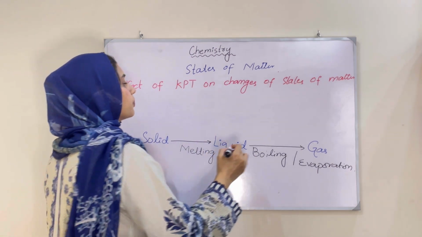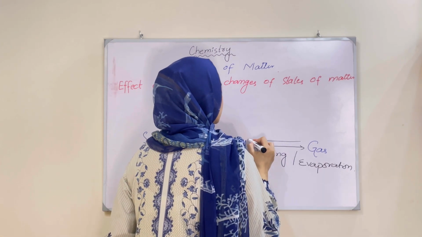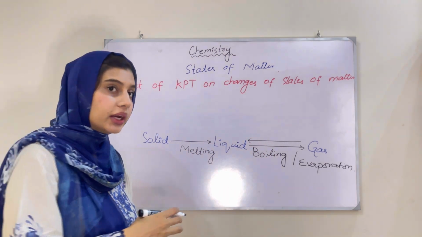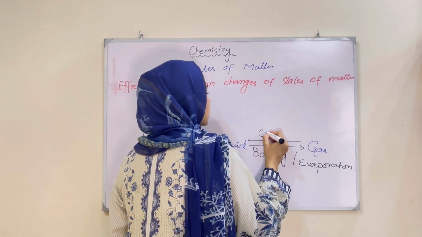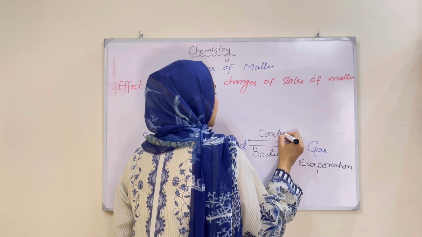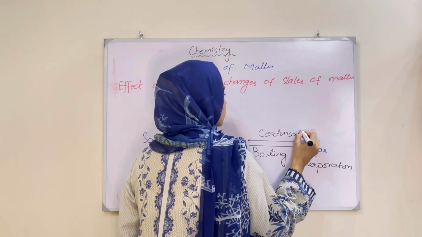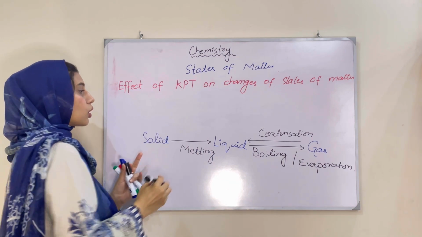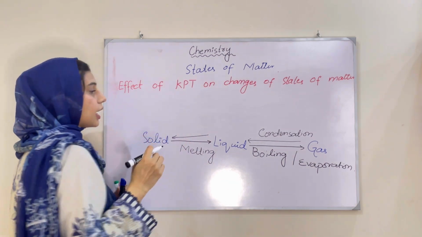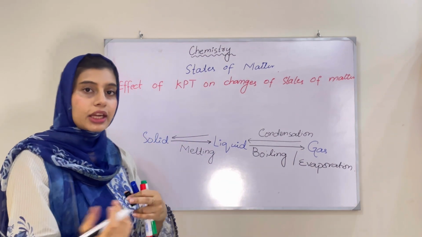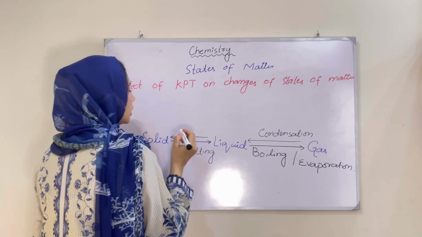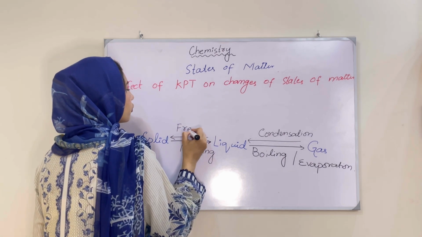For example, gas is converting into liquid. When a gas is converting into liquid, this process is known as condensation. And when liquid is converting into solid, for example, water converting into ice cubes, this conversion is known as freezing.